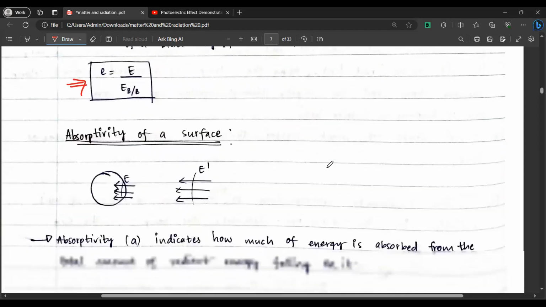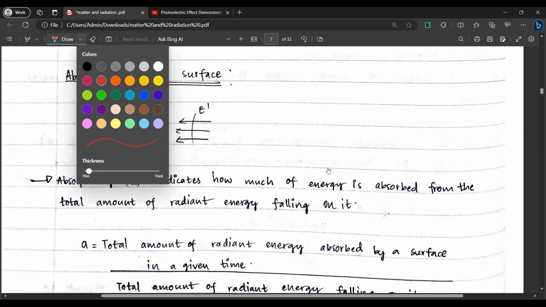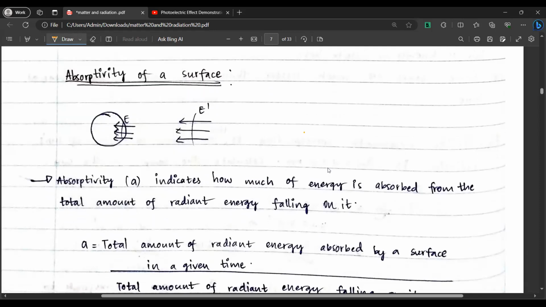And if you look at absorptivity, the definition is slightly different, because in absorptivity we are not able to measure the power. You cannot measure how much power this one absorbed, because power is energy per second. So what we have to do is look at a certain period of time.